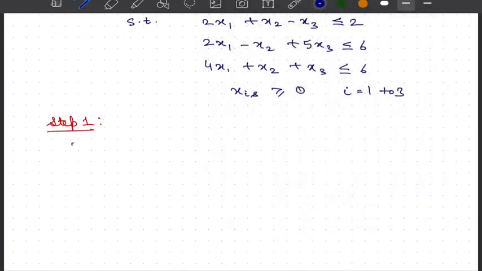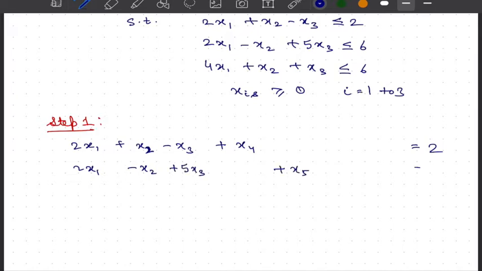As soon as we introduce slack variables, we can write this as 2x1 plus x2 minus x3 plus x4 equal to 2, 2x1 minus x2 plus 5x3 plus x5 equal to 6, 4x1 plus x2 plus x3 plus x6 equal to 6. These x4, x5, x6 are slack variables which we have introduced to make these inequalities equality constraints.